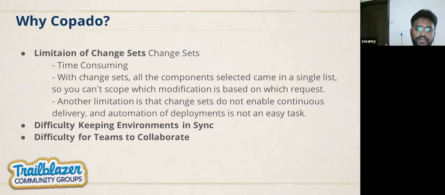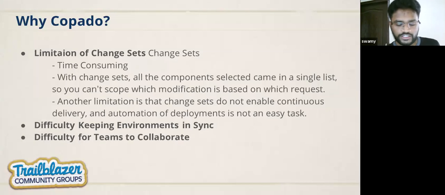Another limitation, which I haven't covered yet, is difficulty keeping environments in sync. What do I actually mean by it? Suppose I'm working in DevBox 1 on one component and the other team in my project is working in DevBox 2 on another component, and we both are using one component which is common to both sub projects.